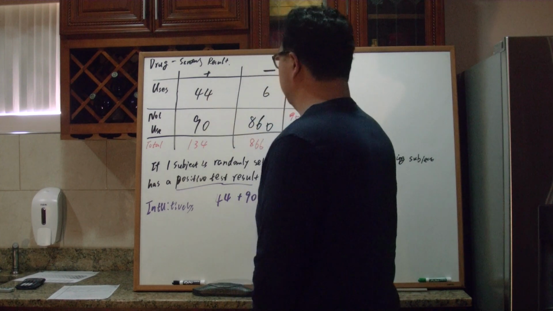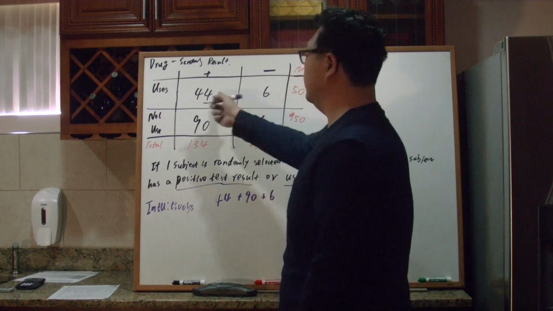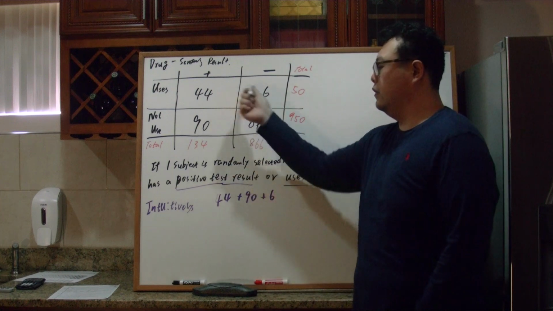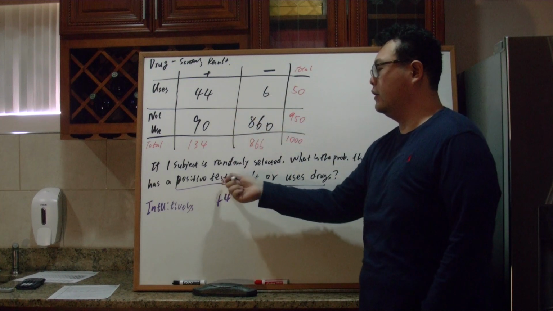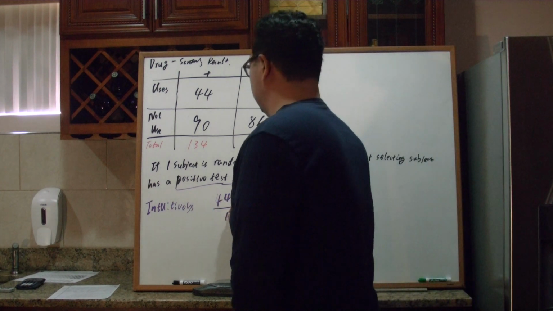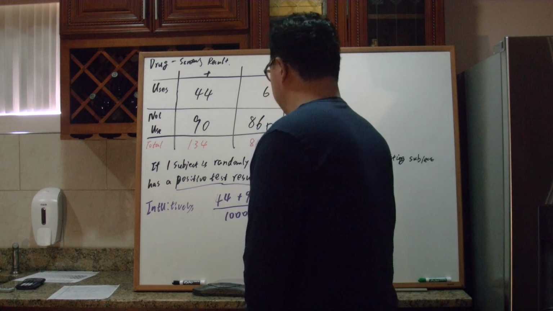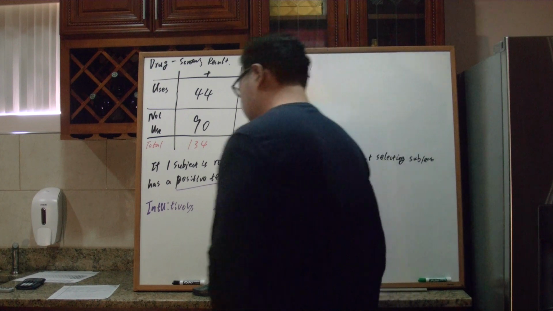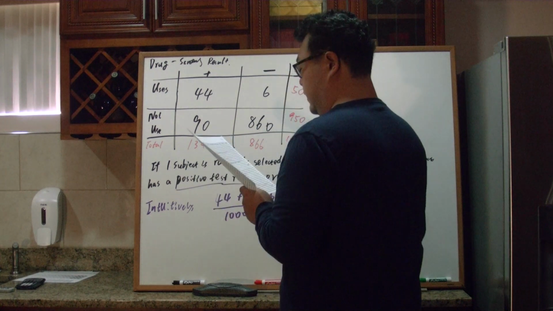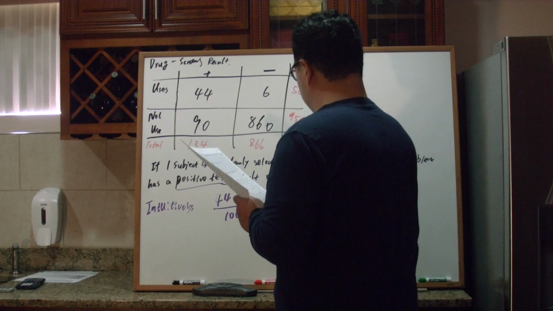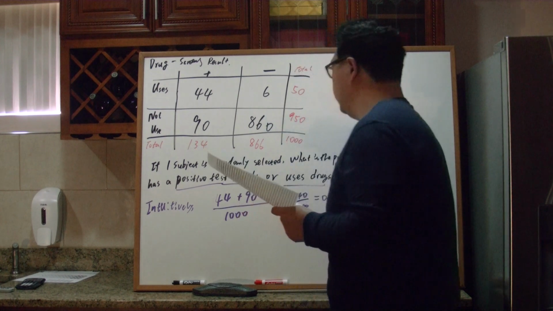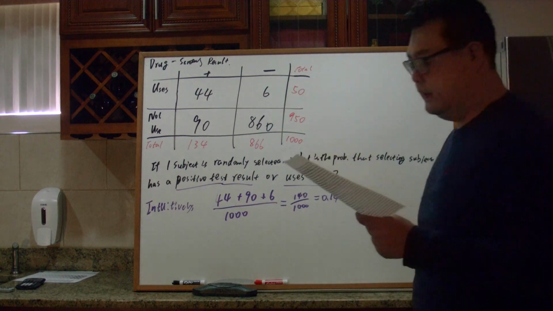And also together with the 6 subjects who use drugs but have a negative result. All of these 3 criteria follow the condition of positive test result or uses drugs, over 1000. And that is how many? That is 140. Right? Intuitively, that makes sense.